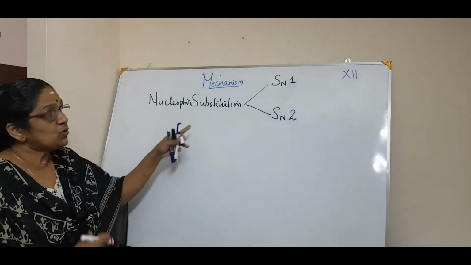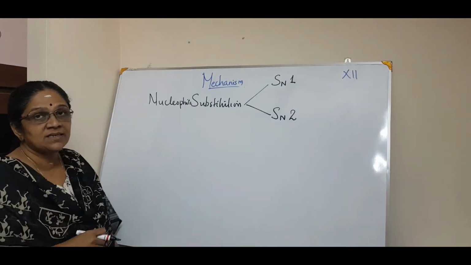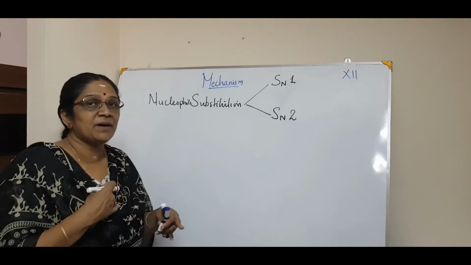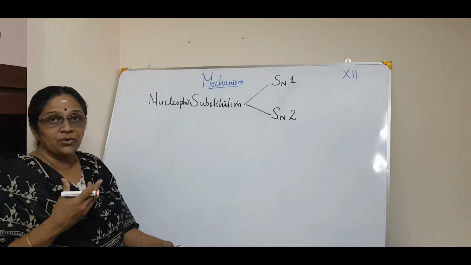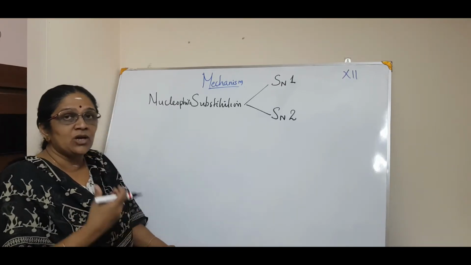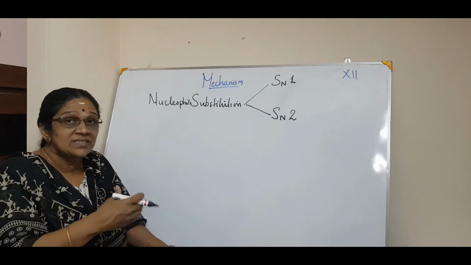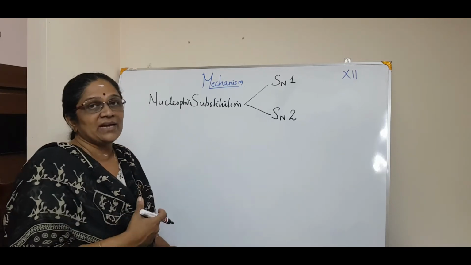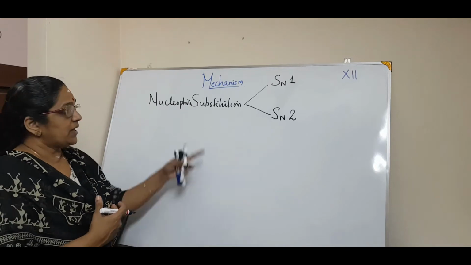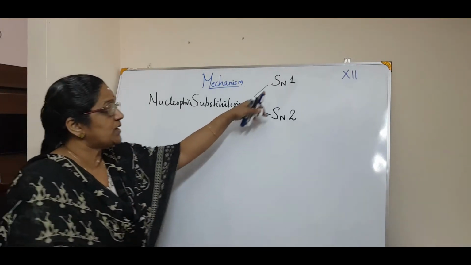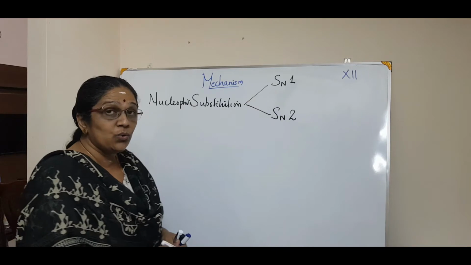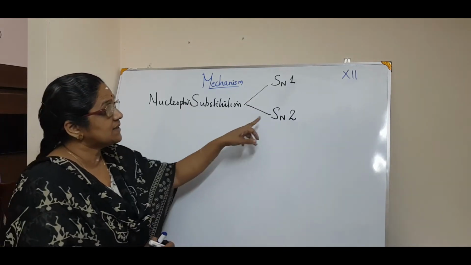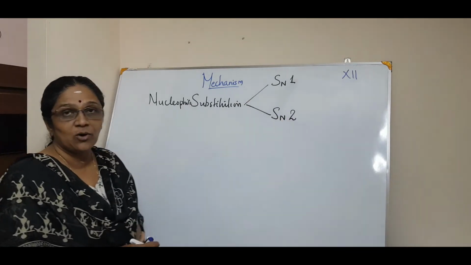Got it? So two types of mechanism come in this, and there are many criteria by which we decide whether a molecule reacts with a nucleophile to form a desired product. So there are two types of substitution: substitution nucleophilic unimolecular and substitution nucleophilic bimolecular.